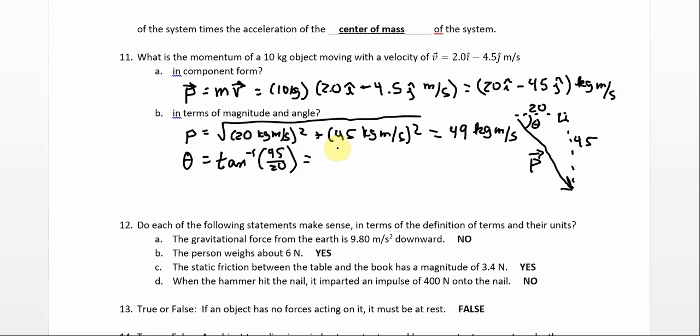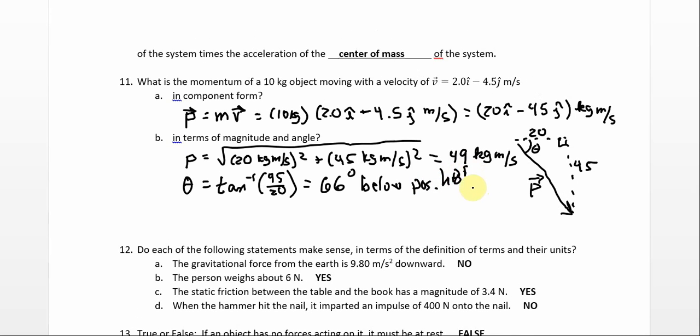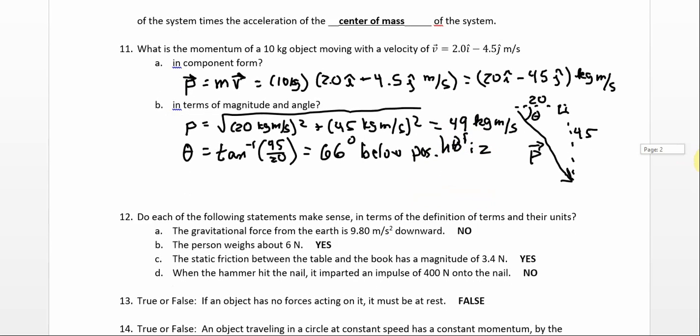And we get 66 degrees. So we'll say 66 degrees below the positive horizontal. Great. All right.